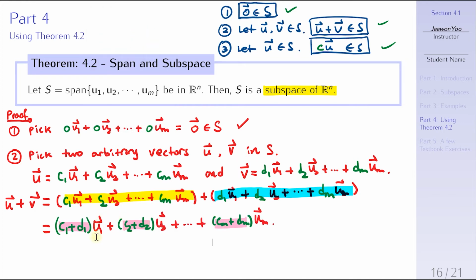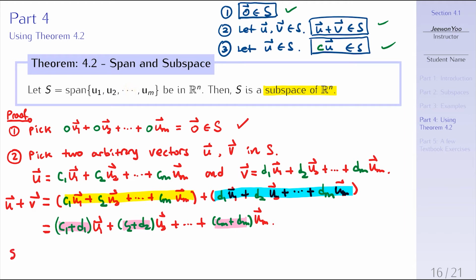Did you guys notice that? c1 plus d1 is just some scalar, right? c2 plus d2 is just some scalar. Up to cm plus dm is just a scalar. So this vector, c1 plus d1 times u1 plus c2 plus d2 times u2, this linear combination means this vector lives in the span of these vectors.